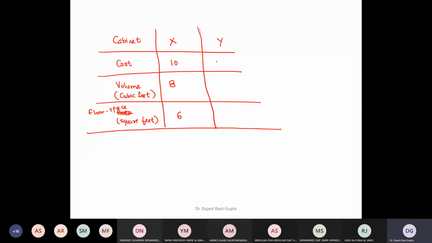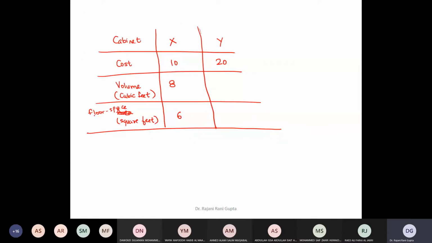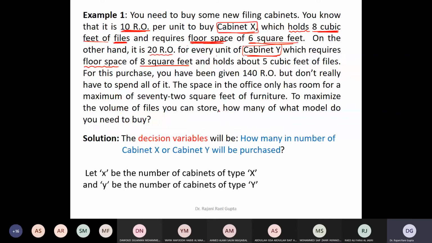Then it requires floor space of 8 square feet. Floor space in square feet means area. So here floor space is 8. See, the sequence is changed. And it holds about 5 cubic feet of files. So it is the volume.